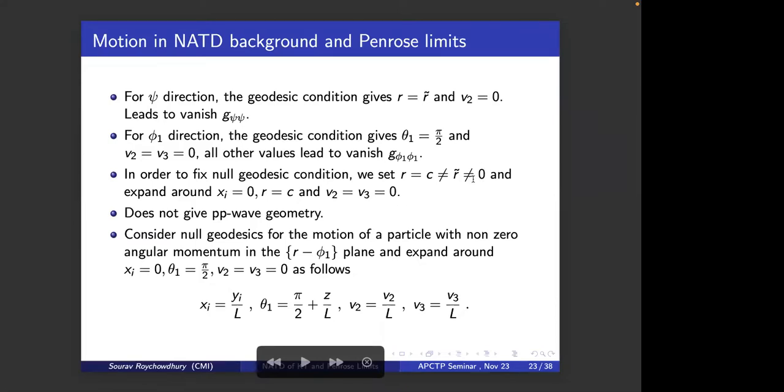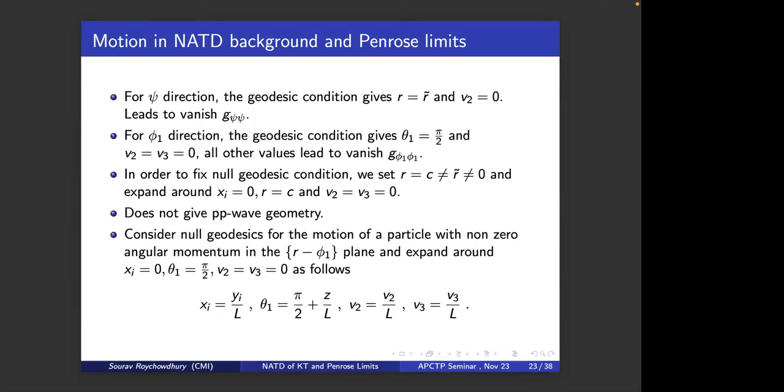We expand the background metric around cos ξ equal to 0, where ξ is the coordinate, and R some constant, and these values we got by imposing the geodesic condition. However, it turns out that this expansion doesn't lead to a pp-wave geometry. It's obvious, because Blau's theorem states that expansion around a null geodesic will end up with a pp-wave metric, but it doesn't mean that every null geodesic will give rise to a pp-wave geometry.